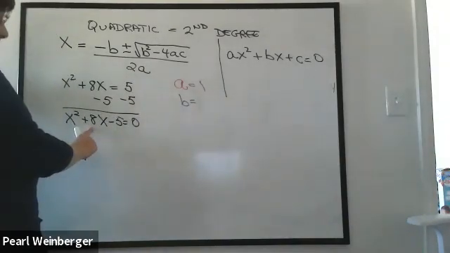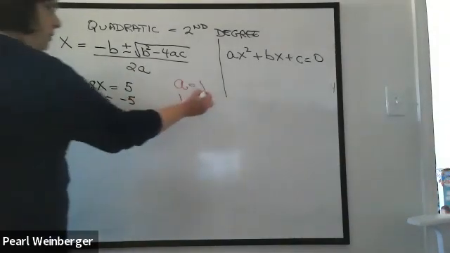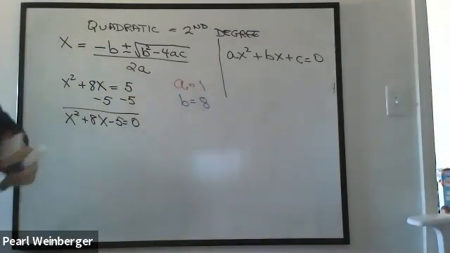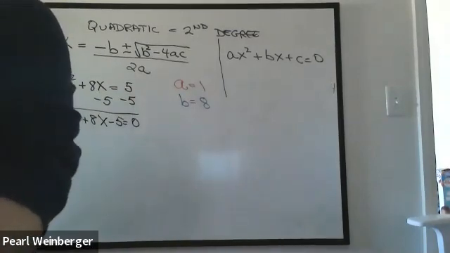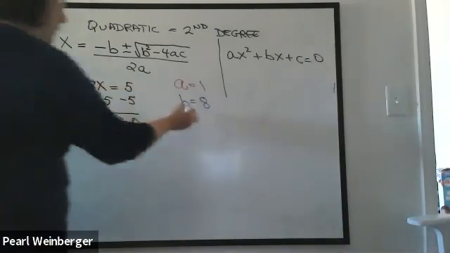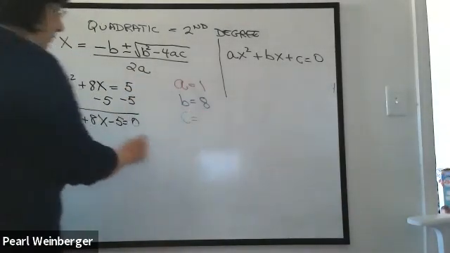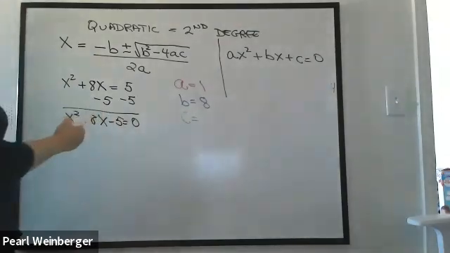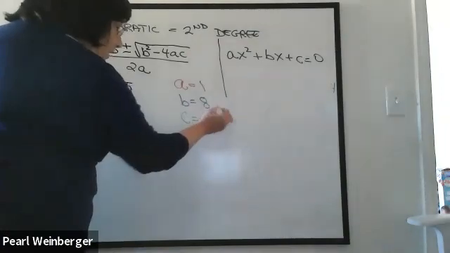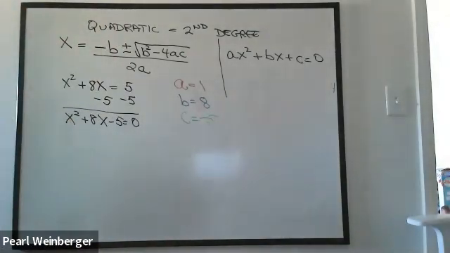That's the number that's in front of the x. In this case, it's a positive 8. So my b is 8. And my c, I'm going to use green for. My c is the standalone number, the number that doesn't have any x next to it, which is -5. It's a -5 because it always says plus c, and this is plus a -5. The negative is always part of it.